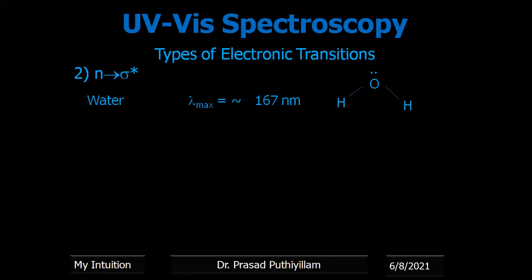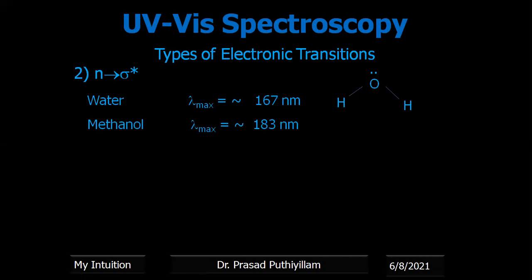A water molecule consists of oxygen with a lone pair of electrons. This lone pair, the non-bonding electrons, that is n, can go to sigma star, because sigma bonds are already there, so a sigma star level is also possible. Therefore, this n can go to the sigma star state.